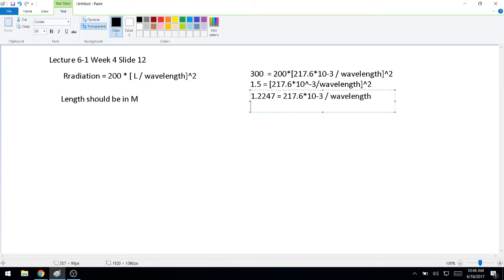Okay, so with this I got a wavelength equal to 0.177676. And so then we have our usual equation: wavelength equals C over F. So of course we'll need to rotate things around. So we get frequency equals C divided by wavelength.